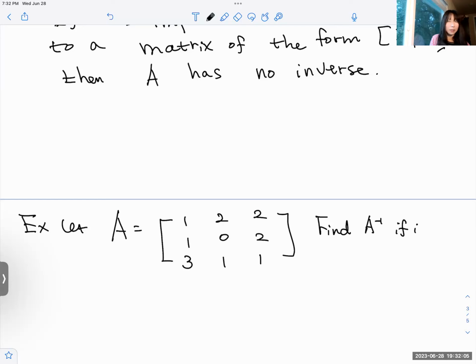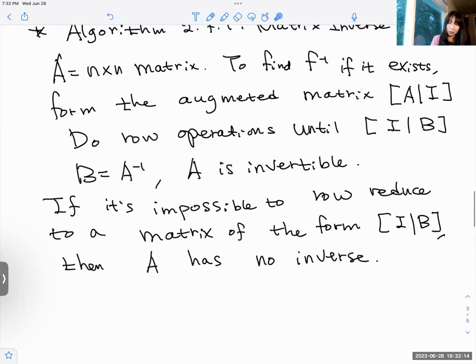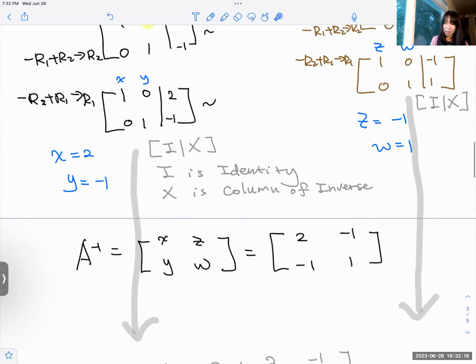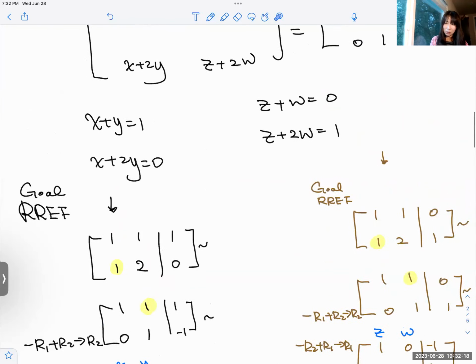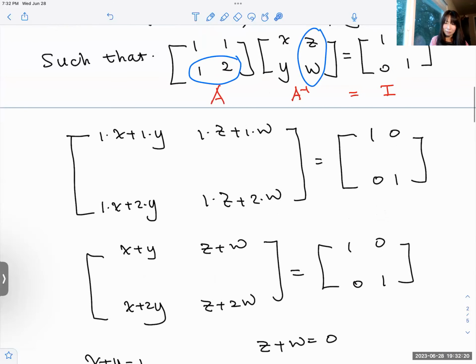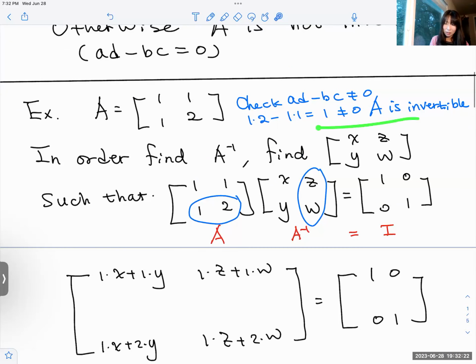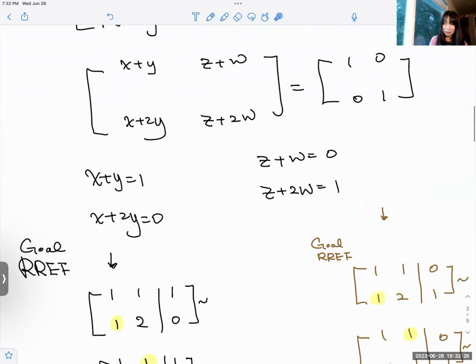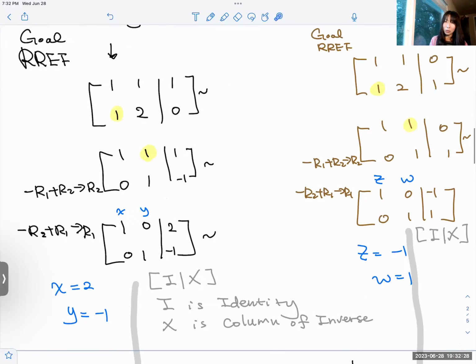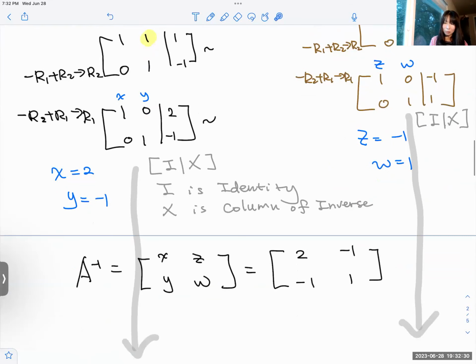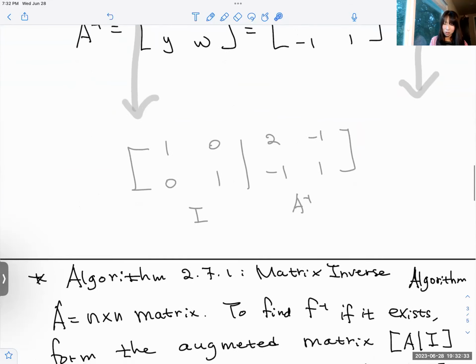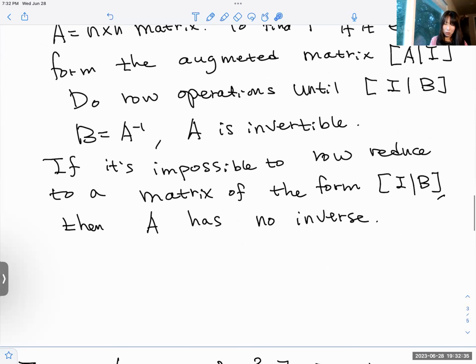So it exists. Yeah, this is a 3 by 3, so we can't use the 2 by 2 test, which is AD minus BC not equal to 0, then A is invertible, right? We cannot check that, but we have this: if we cannot make a reduced form of the matrix, then there's no inverse, right?